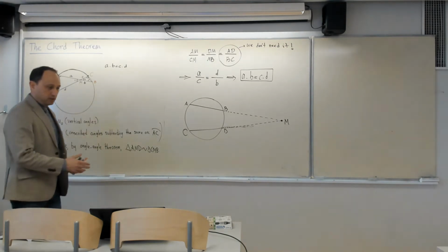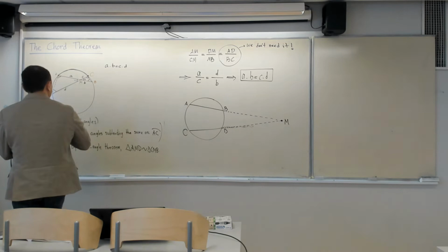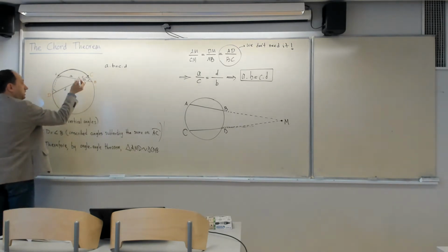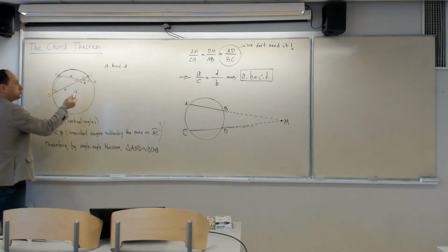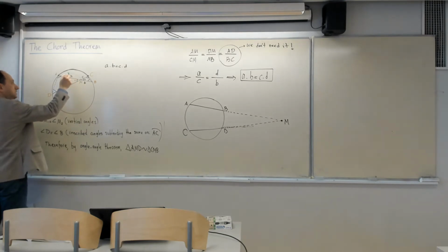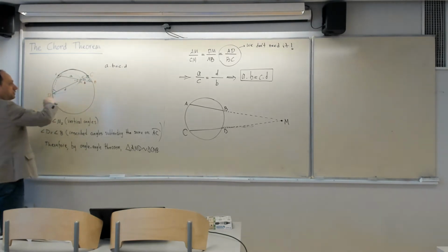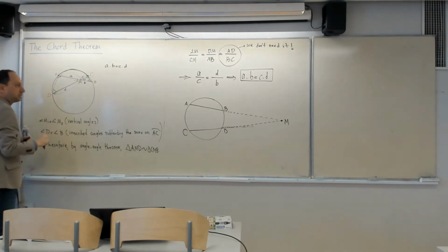Okay, so let me tell you something here. When this intersection point is inside, let's look at the way that I move the pen. So MA times MB is equal to MC times MD. Something like this, okay? So I start from the point of intersection, I go to the right and to the left of that point in each chord.